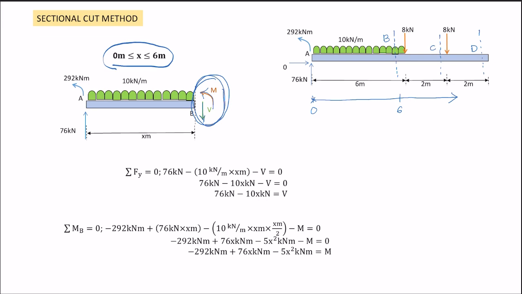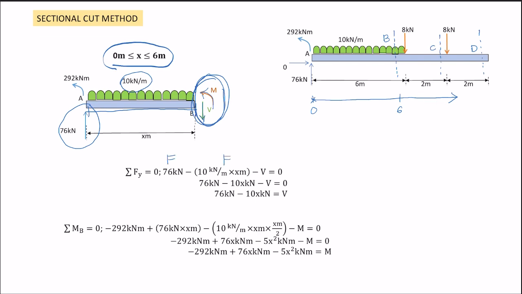Tak ada assumption kat sini, fix ya, pakai arah macam ini. From left, there is a 76 kilonewton, the reaction of RAY. Next, you have 10 kilonewton per meter, that is the UDL. That the length is X meter sebab kalau UDL, you mesti darab dengan length beam tu kena UDL, baru dia akan jadi force.